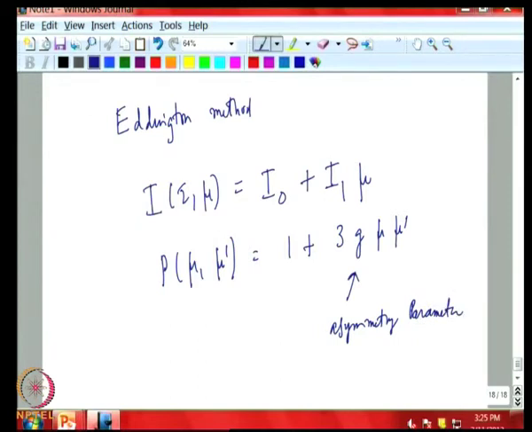So, we have now a simple equation for I 0 and I 1. Substitute this all in the equation that is given earlier.